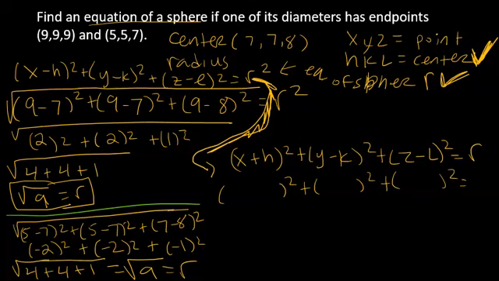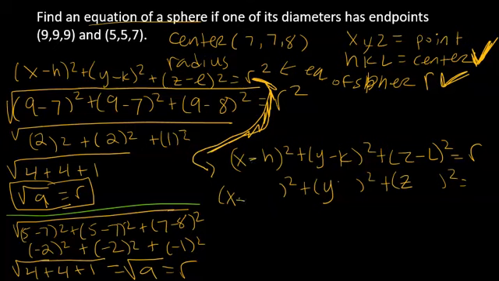Okay, so I'm going to do x, y, and z for the points. I'm not going to fill out any numbers on it. I'm just going to keep the alphabets. And I'm going to do a plus. Oh, wait. It's not supposed to be plus. It's supposed to be a minus. Let me fix that. Right? It's minus.